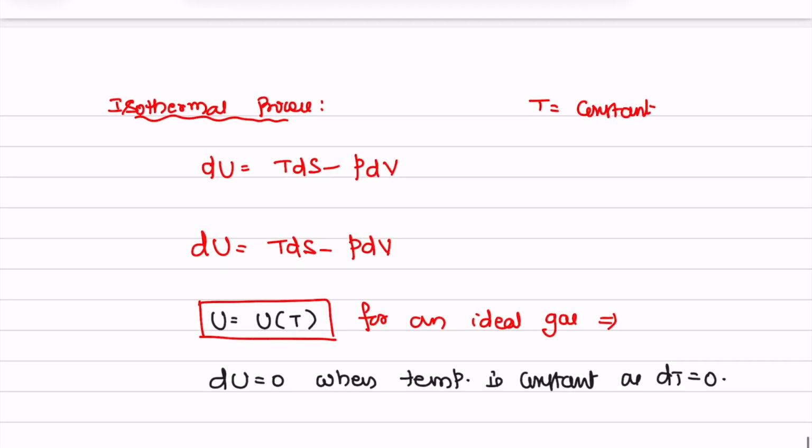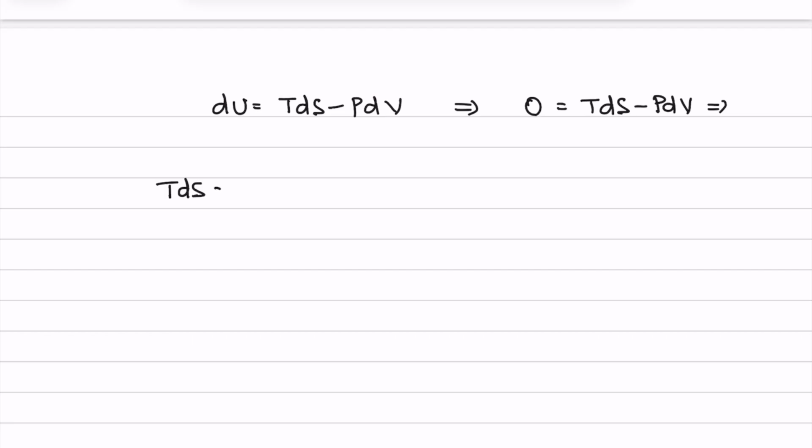Hence, the equation dU is equal to TdS minus PdV becomes 0 is equal to TdS minus PdV. That implies TdS is equal to PdV.